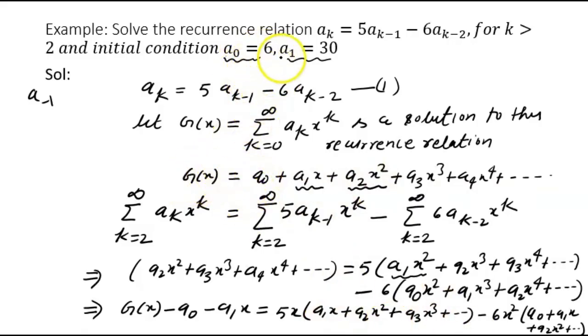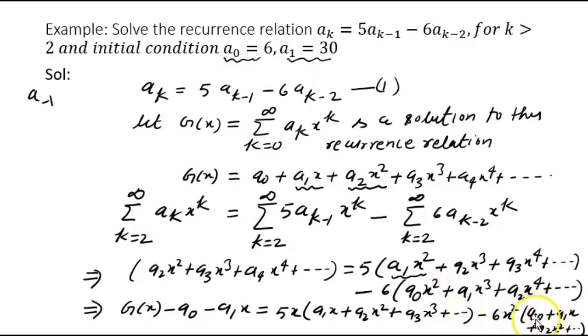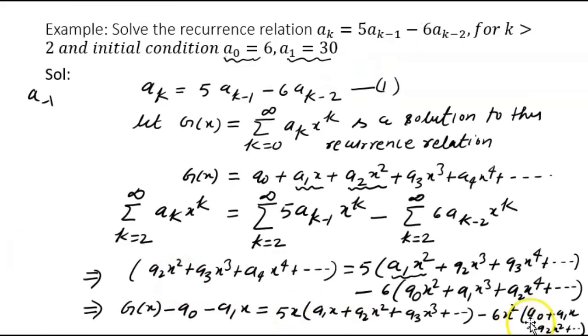So I write here g(x) minus a0, and a0 value is equal to 6. And then 6x square, so I write minus 6x square, and the bracket a0 plus a1 x plus a2 x square is nothing but this generating function g(x), right?